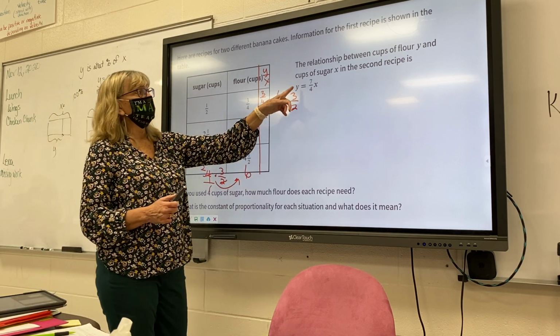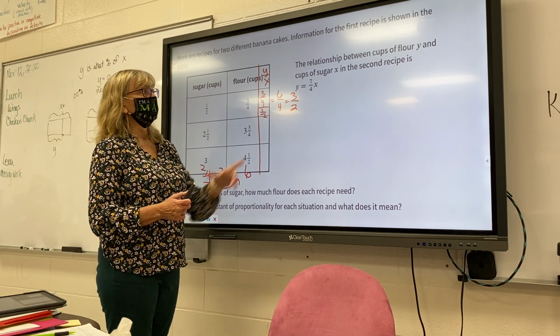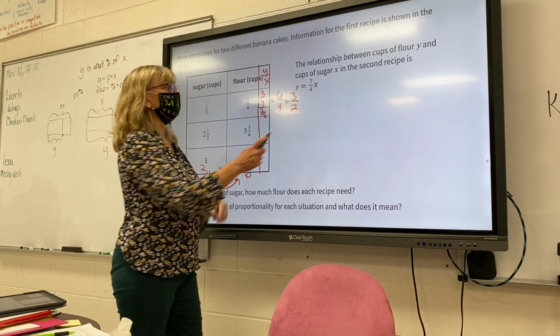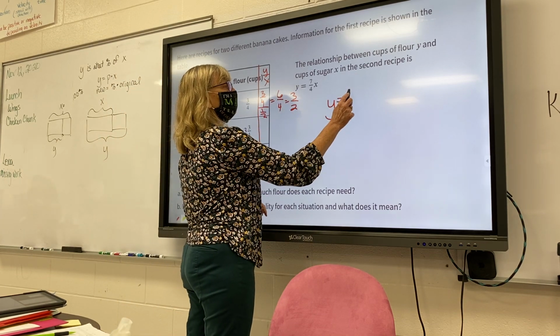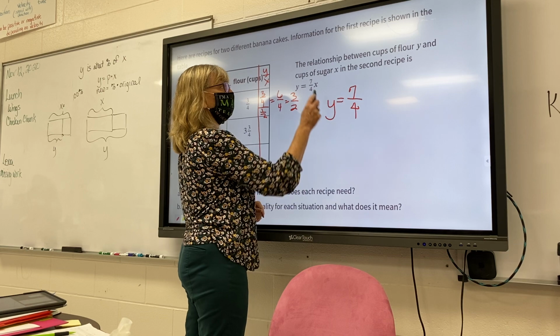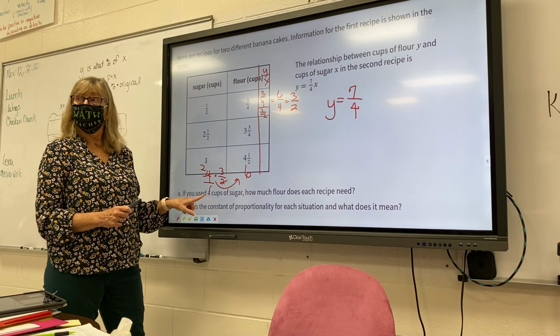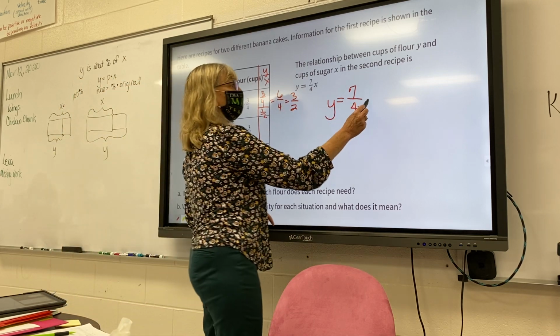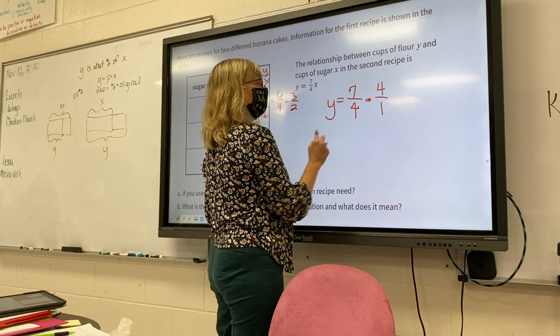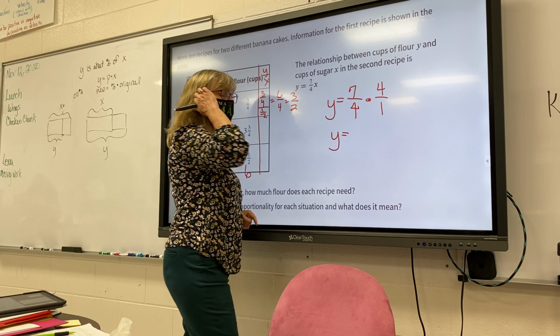How am I going to use this one to figure out how many cups of flour? Well, if Y is flour, I don't know flour, the COP here is 7/4. What do we know X is? How much sugar? 4, so we're going to multiply this times 4. So how much flour do I need in this case?